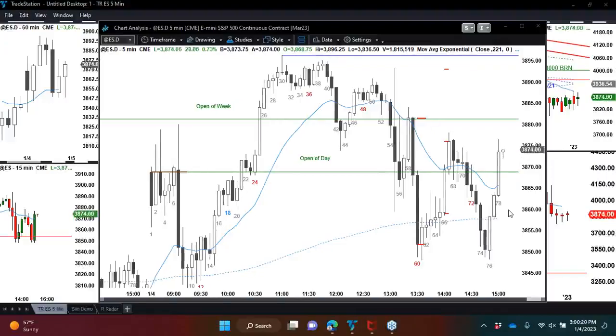So pretty good rally back up to this area. And trading range days are filled with breakouts that fail, have really deep pullbacks, and end up letting traders out back at the extreme.